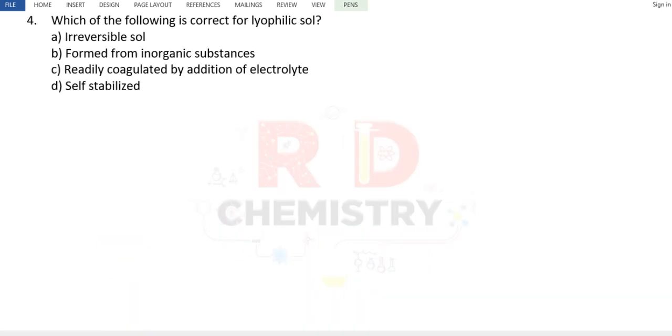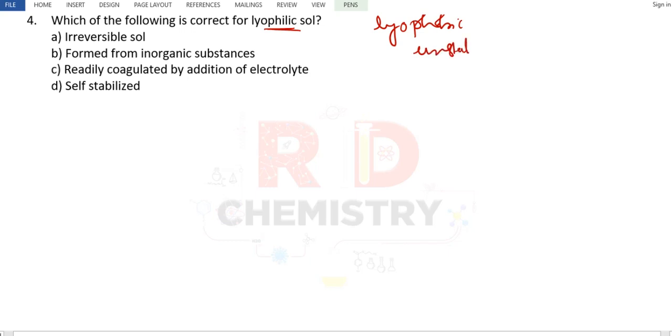Question number 4. Which of the following is correct for lyophilic sols? We have two types of sols, lyophilic and lyophobic. In case of lyophobic sols, they are unstable. A lyophilic sol is more stable. Lyophobic is irreversible, whereas lyophilic sols are reversible in nature.